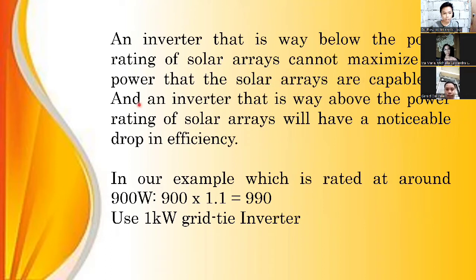And an inverter that is way above the power rating of the solar arrays will have a noticeable drop in efficiency. So in our example, which is rated at 900 watts, times lang natin sa 1.1, then magiging 990 watts. So pwede na natin siyang i-round off to a 1 kilowatt grid tie inverter. So yun yung inverter sizing.